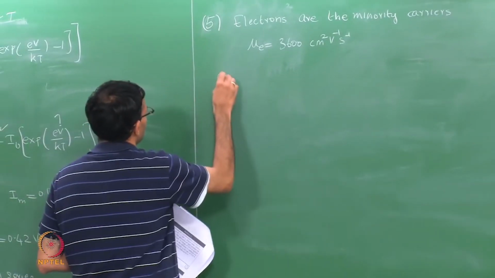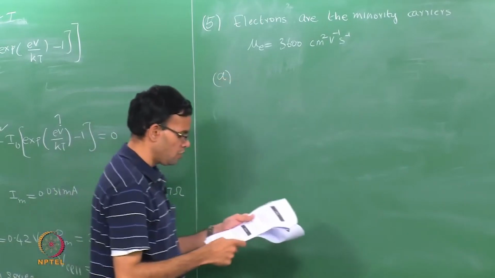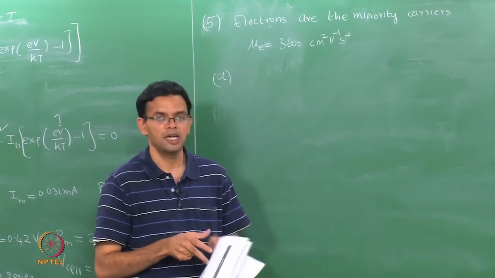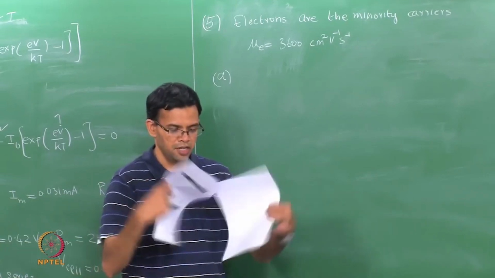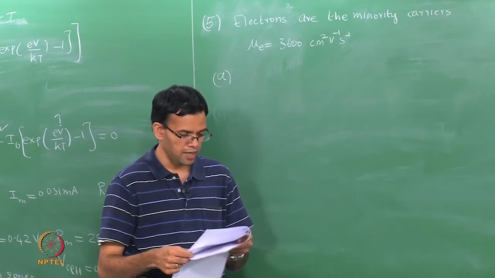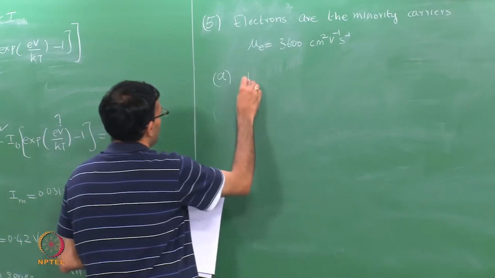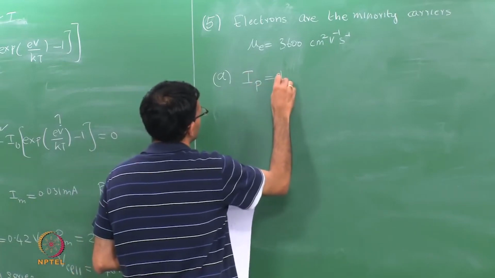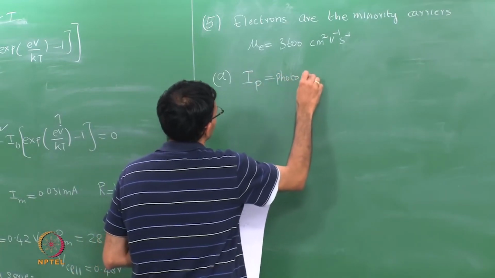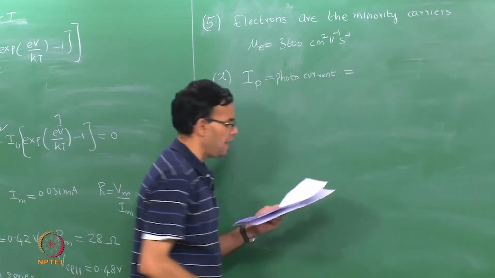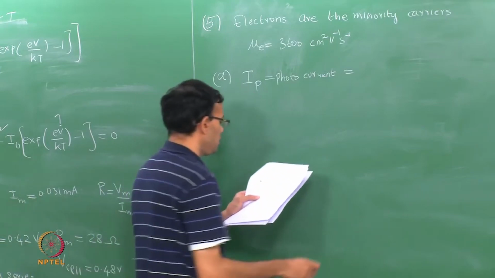For the first part of the question, we need to calculate the equilibrium density of the electron hole pairs generated under radiation. So, we can write an expression for that. The current I, which is your photocurrent, is due to the excess electrons that are created.